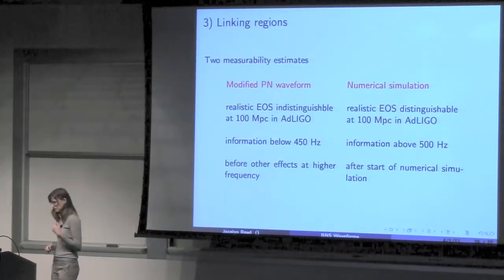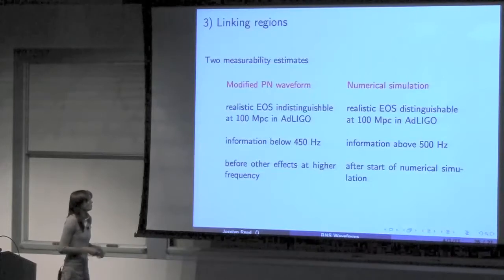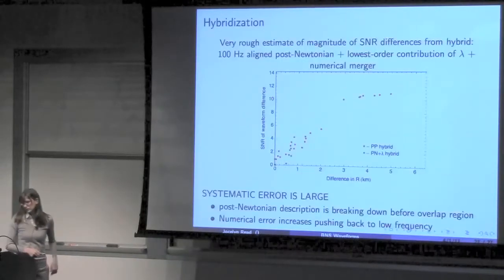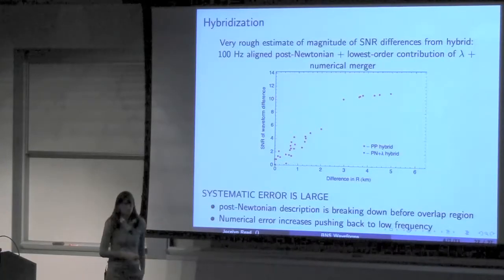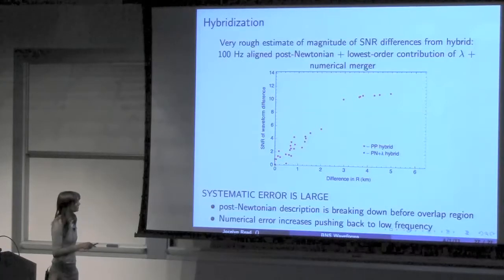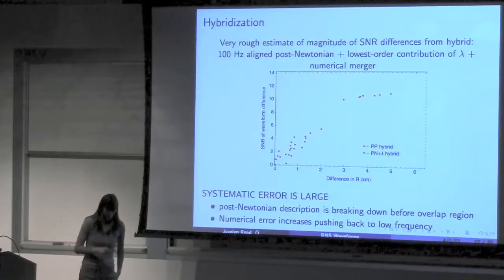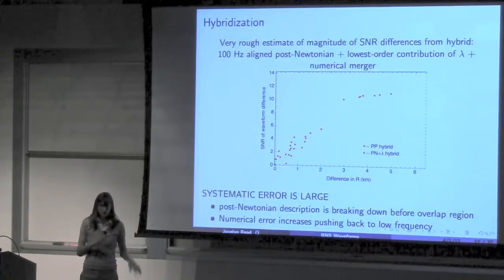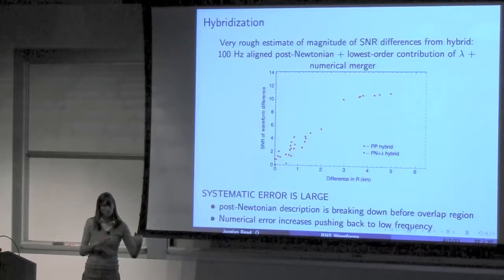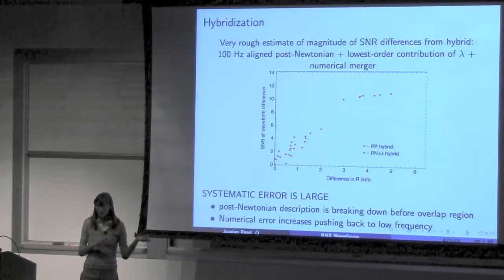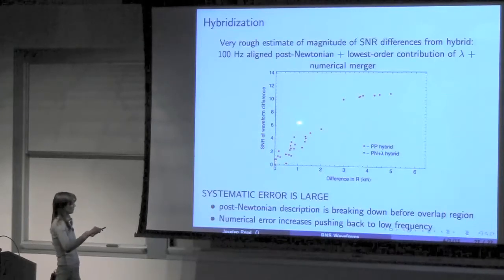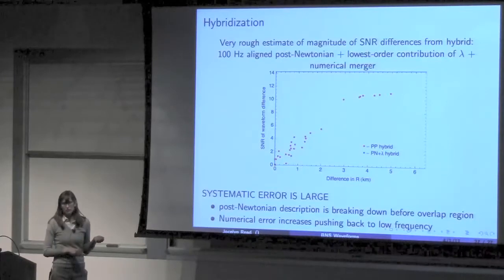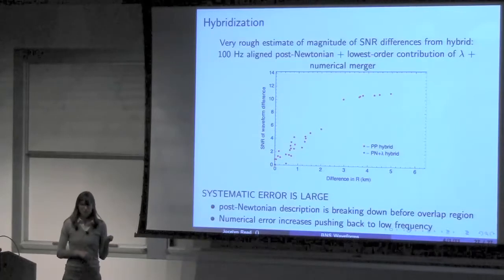So the idea would be to construct hybrid waveforms. And the interesting thing is, if you do a very preliminary rough version, where many things could go wrong, and you extend the post-Newtonian with first-order corrections arbitrarily and match a numerical simulation onto it, you get an SNR of differences which is quite a bit larger than you got with numerical simulation alone, and it's actually larger than the addition of the two regions independently.